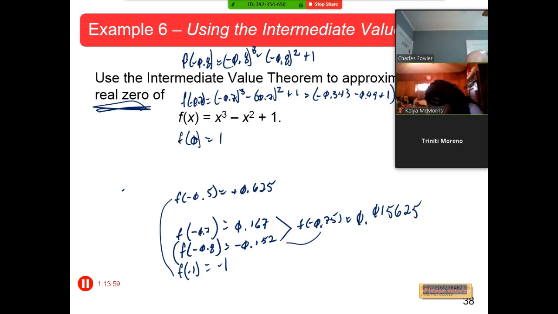Hint, it doesn't cross, it just touches, but goes back in the same direction. Okay? Touches the x-axis. When it is of odd multiplicity, even including 1, but usually they count 3 or higher, the graph of f doesn't just touch, it crosses the x-axis at x equal a.